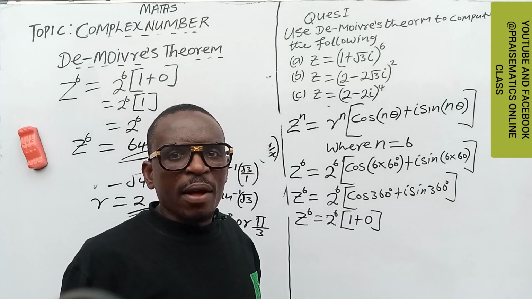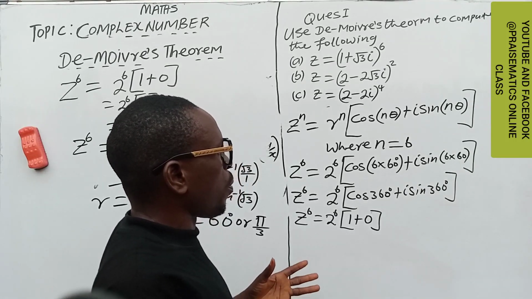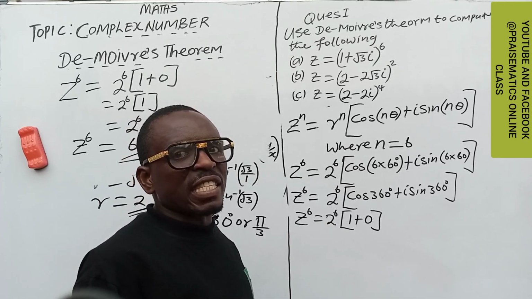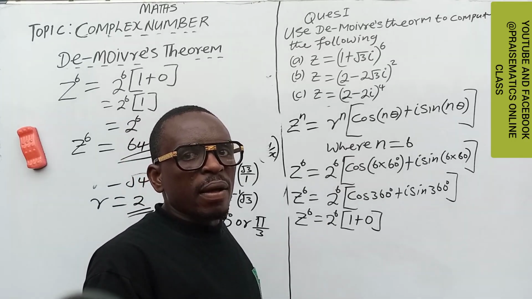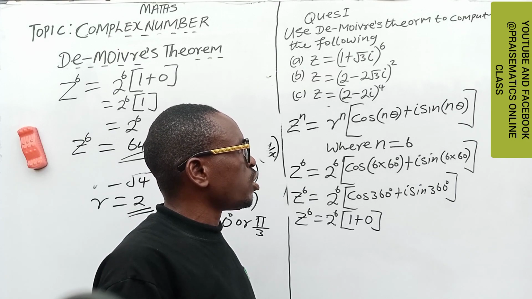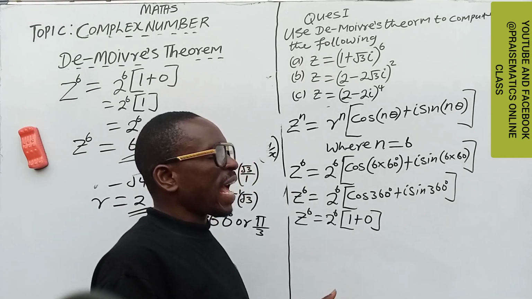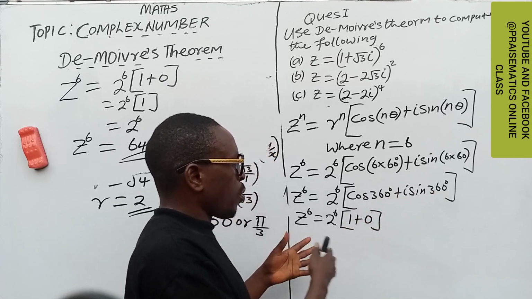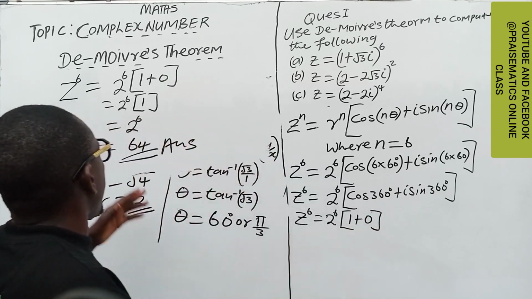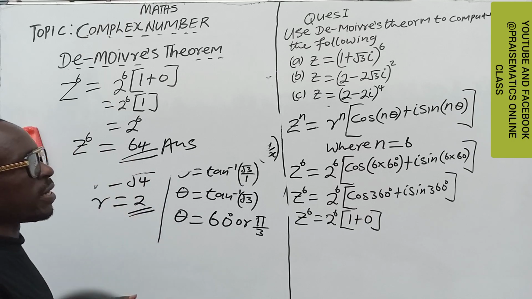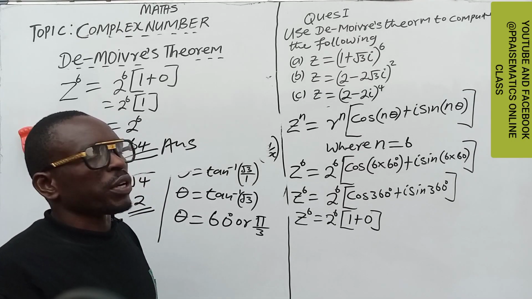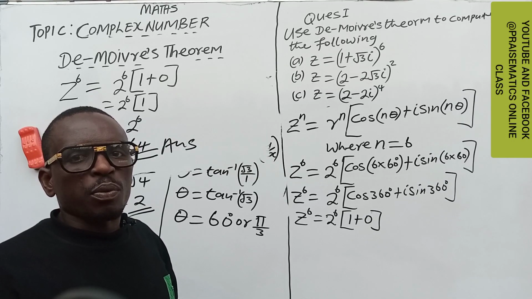After getting the theta, you put it in polar form. After putting it in polar form, you now translate it into De Moivre's formula. And when you translate it, you finalize it by finding the cos and the sine of it, multiply everything through. At the end, you are going to get your answer like this. And that is how to use De Moivre's theorem to solve problems.